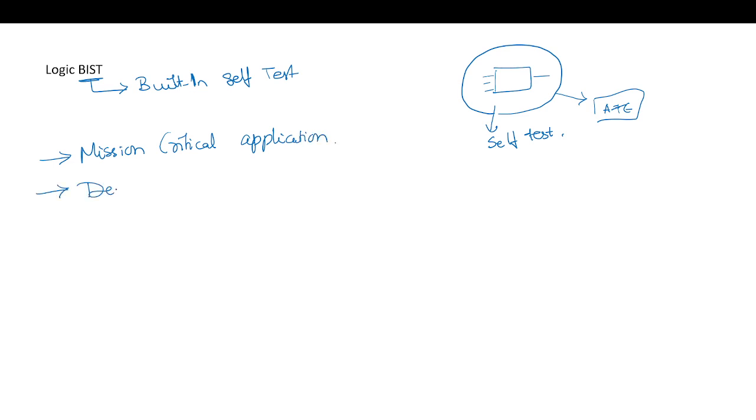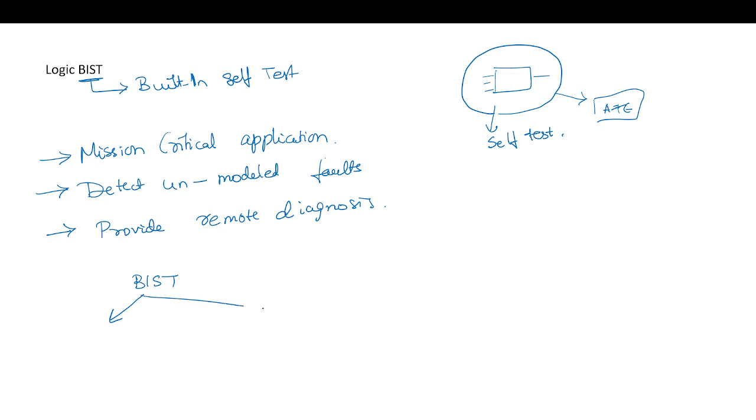Some unmodeled faults, which we are not modeling as defects, can also be detected by built-in self-test, and it provides remote diagnosis and testing.